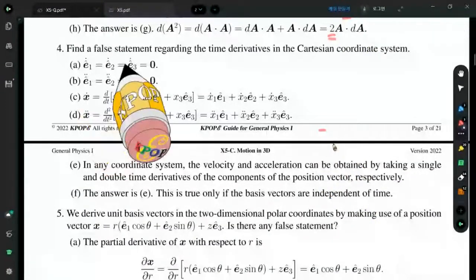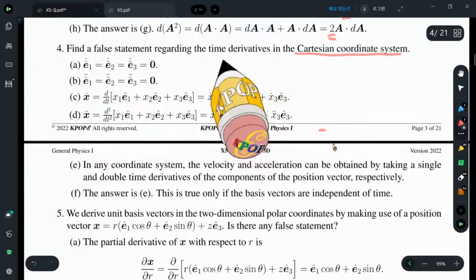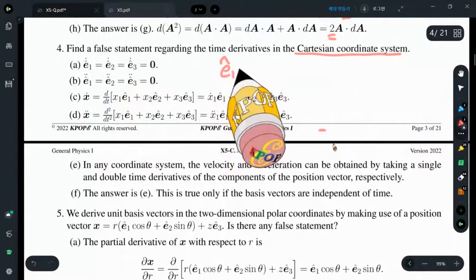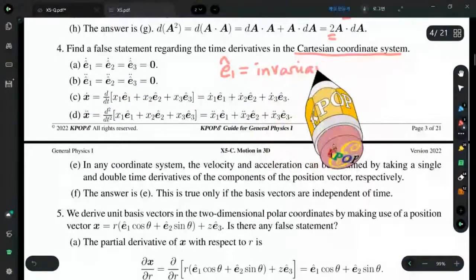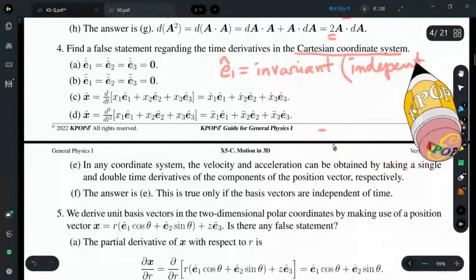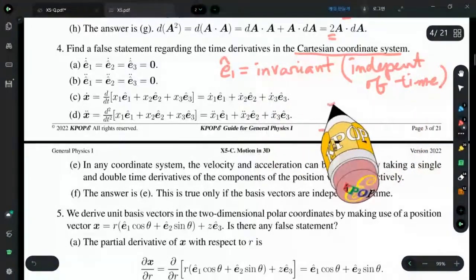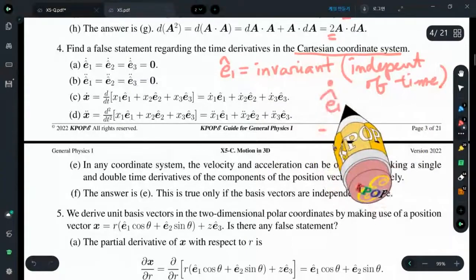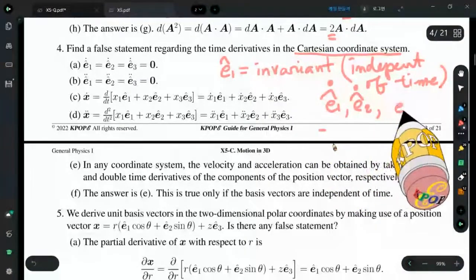One of the reasons why we frequently use Cartesian coordinates is that they are invariant, so independent of time. So the derivatives of the unit vectors are all 0.